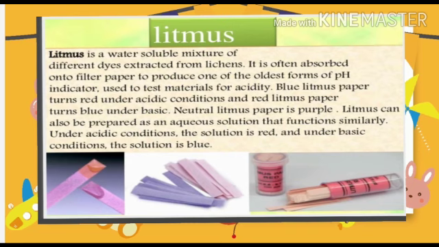And sometimes instead of using litmus solution, we use litmus paper, blue litmus paper and red litmus paper in the laboratory to test whether a substance is acidic or basic.